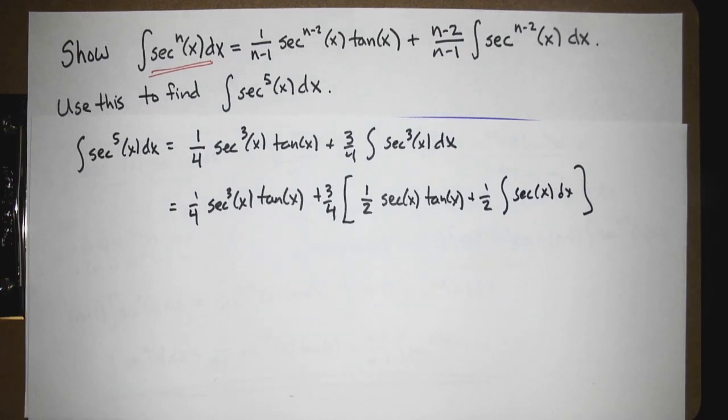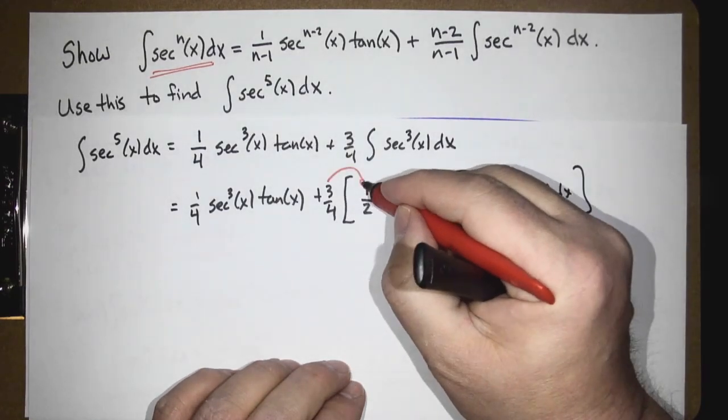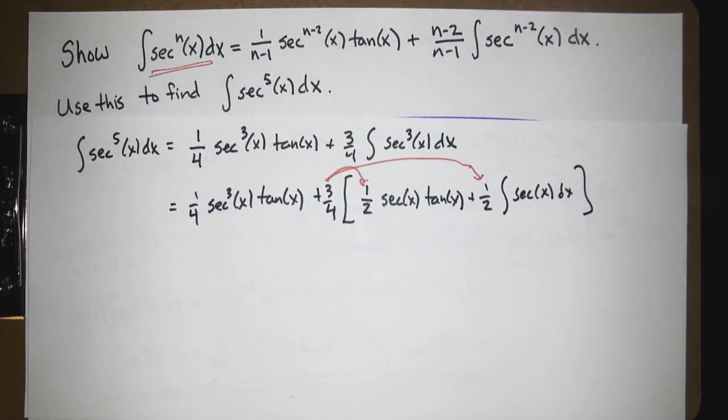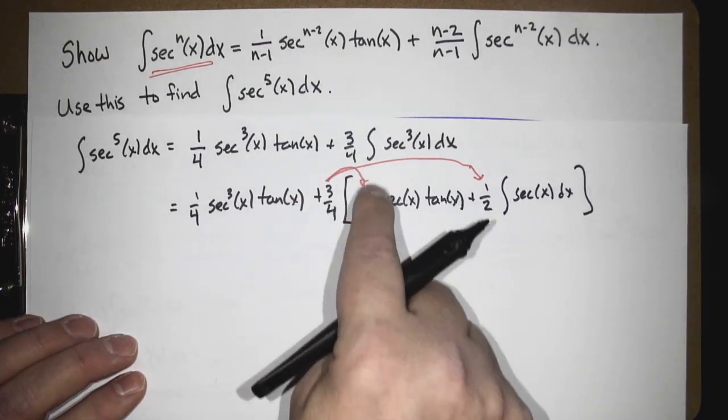Okay, now are we done? No, because we have the integral of secant of x. And how do we integrate secant of x? We just know that one. It's on our formula sheet. So don't forget to distribute the 3/4.